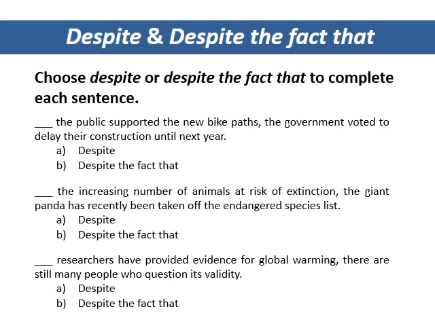Now let's practice. Read each sentence. Choose despite or despite the fact that to complete each sentence. Look at the grammar of the sentence to help you decide. Despite the fact that the public supported the new bike paths, the government voted to delay their construction until next year.